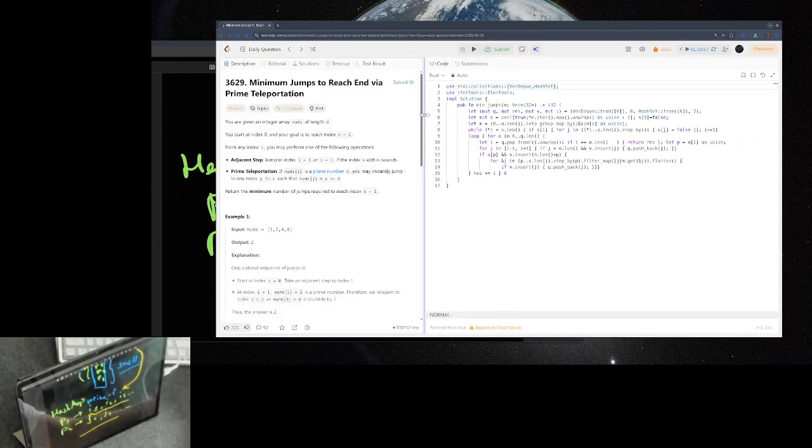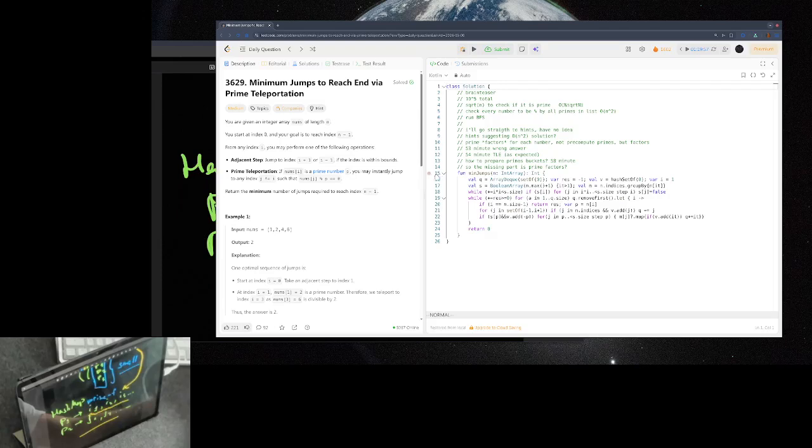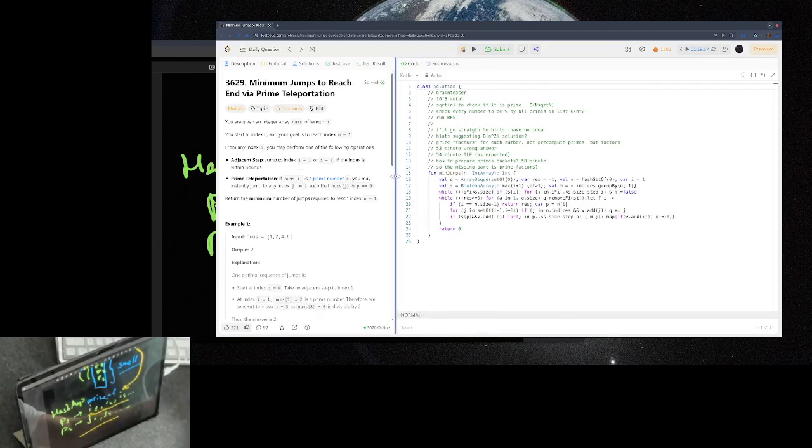It actually can be improved or optimized. So in the final version, I didn't use this extra hashmap. Yes, I calculated this prime table. I called it S, but S is just a boolean for whether it's prime or not.